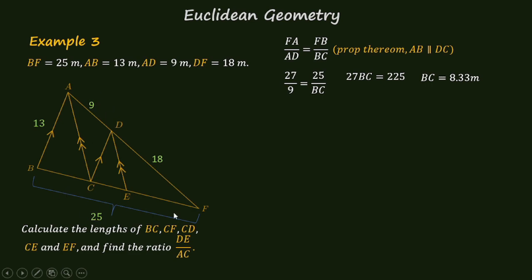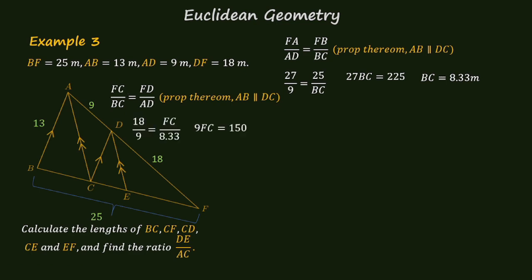We calculated the length of BC, so the only missing value will be the length of FC or CF. The reason will be the proportion theorem because AB is parallel to DC. So we write FC over BC equals FD over AD, and the only missing value here is FC, which is what we are looking for. If you do the substitution, we find that FC is 16.67 meters.